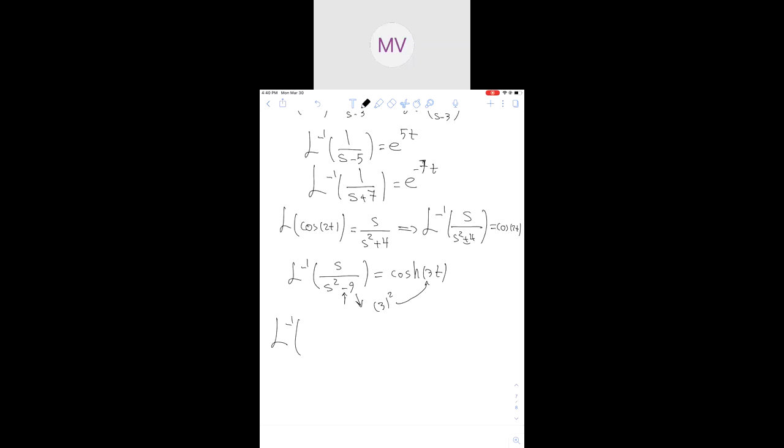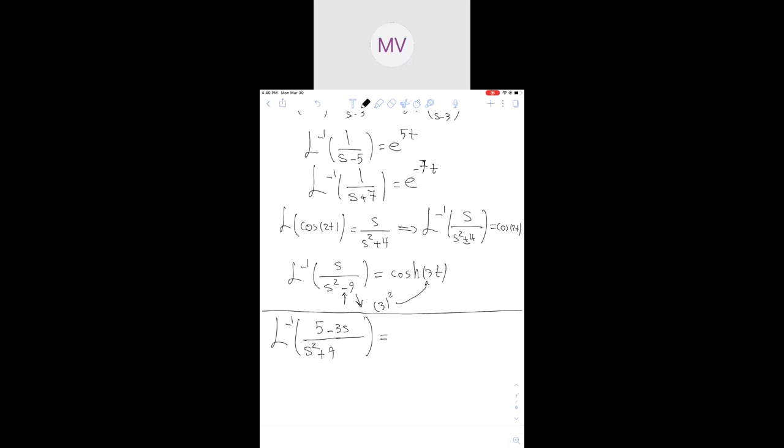This is number 29. Yeah, it's number 29. The numerator is 5 minus 3s over s squared plus 9. Okay. So we'd like to find the Laplace inverse of that.